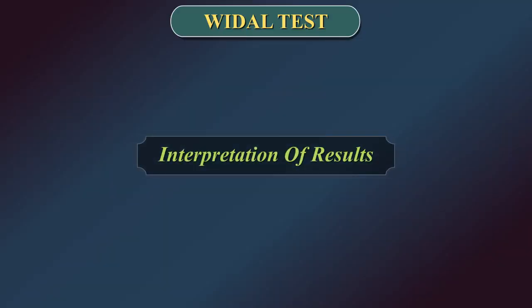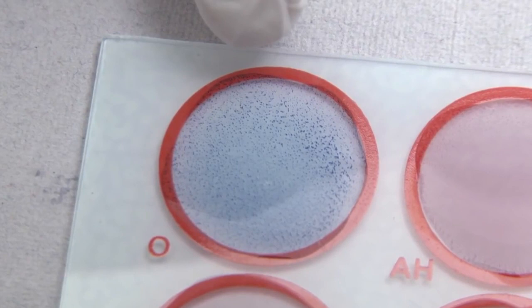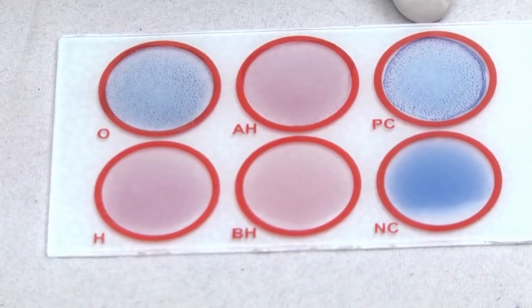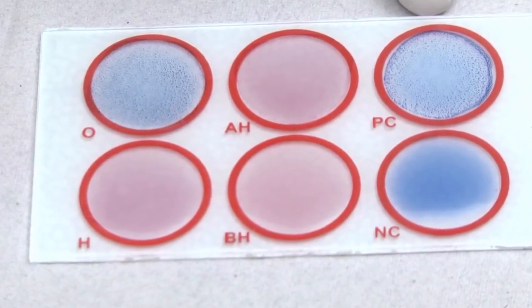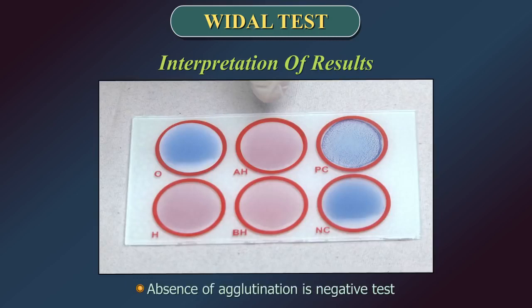Interpretation of results. Observe for agglutination or formation of clumps in the wells. Compare it with the positive control. Agglutination is a positive test result and indicates presence of the corresponding antibody in the patient's serum. Absence of agglutination is a negative test result and indicates that the corresponding antibody is not present in the patient's serum.